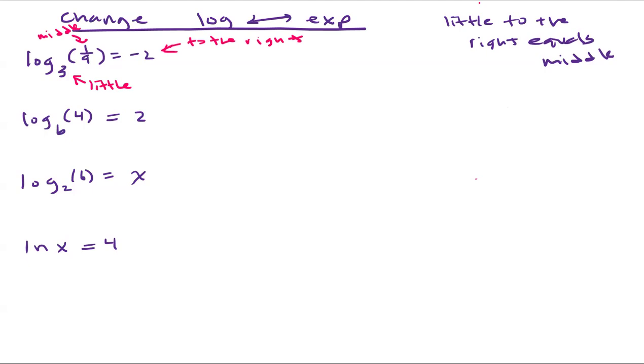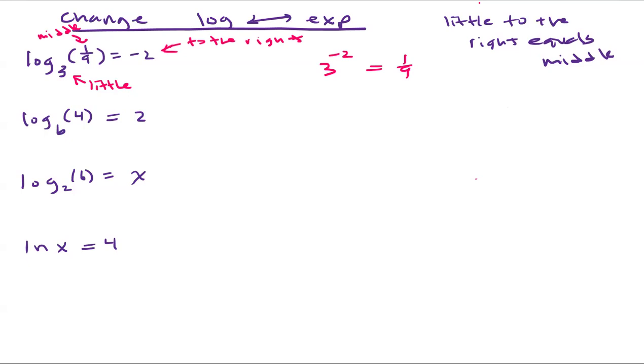In this case, I have the base 3 to the right, so that means 3 to the -2 equals the middle, which is 1/9. So I changed this from a log function to an exponential function. Little, which is the 3, to the right, like saying to the power -2, equals the middle, which is 1/9.